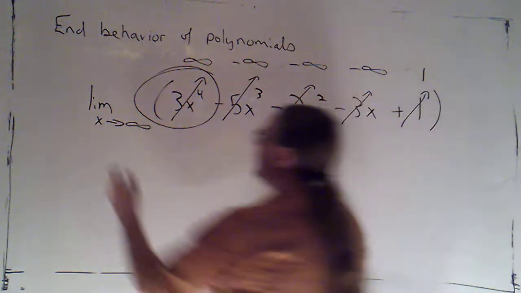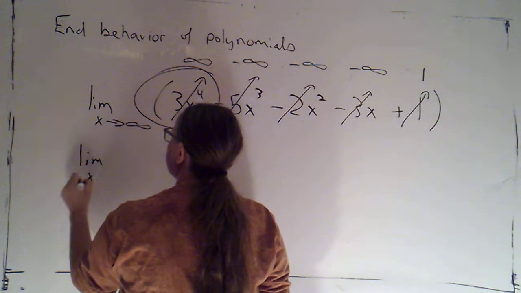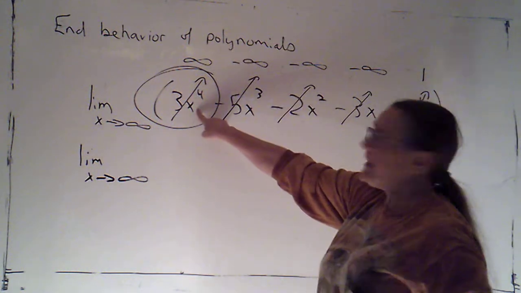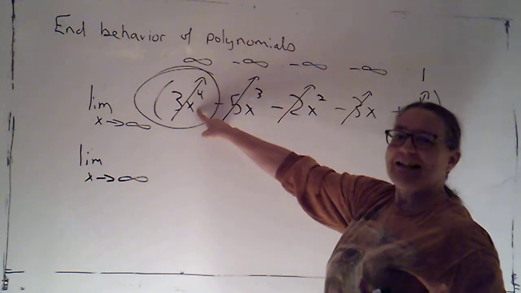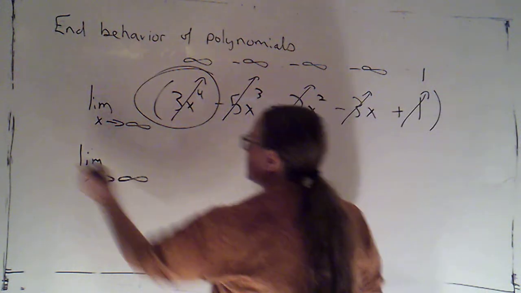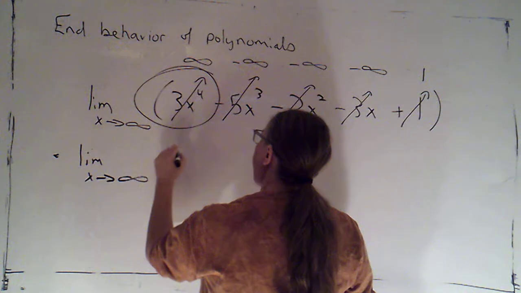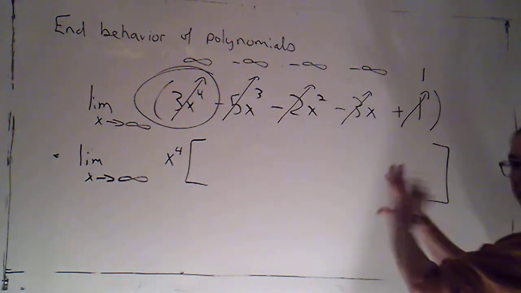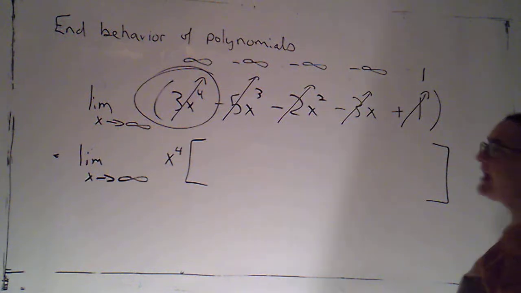Here. If I'm looking at this and saying it's the limit as x goes to infinity, now the biggest power here is x to the 4th. What I'm going to do is I'm going to factor out x to the 4th from every single term.